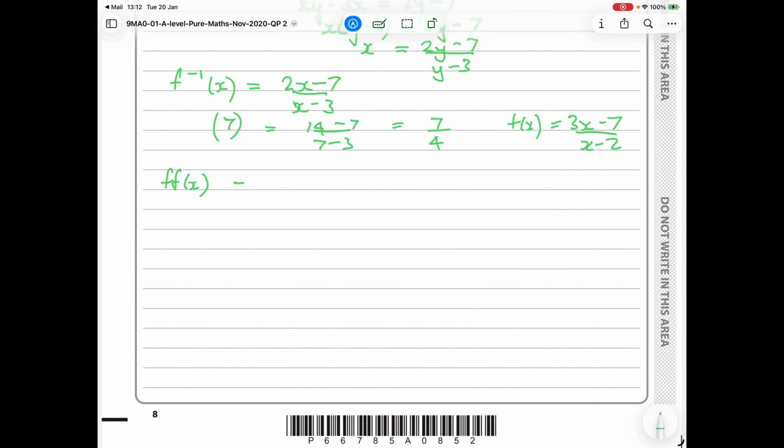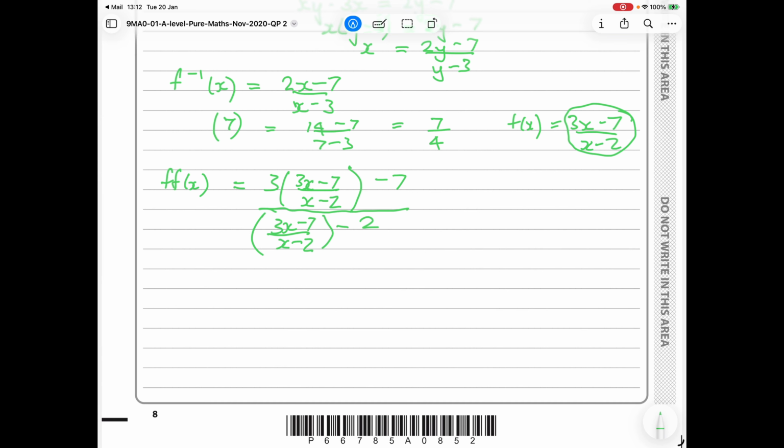So we put all of this into where the x is. So we go 3 times 3x minus 7 over x minus 2, minus 7. Then we put 3x minus 7 over x minus 2, minus 2. And that is what we do first.